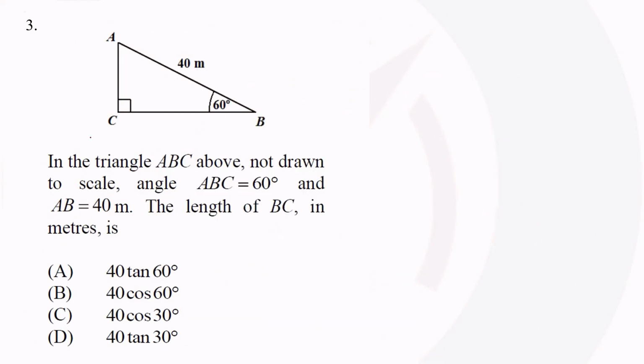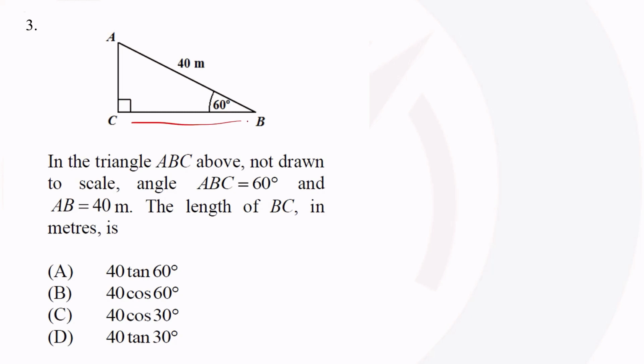Question 3. In the triangle ABC above not drawn to scale, the angle ABC is 60 degrees. AB is equal to 40 meters. The length of BC in meters is... alright, so let us identify the sides that we have and what we want to find. We want to find BC.